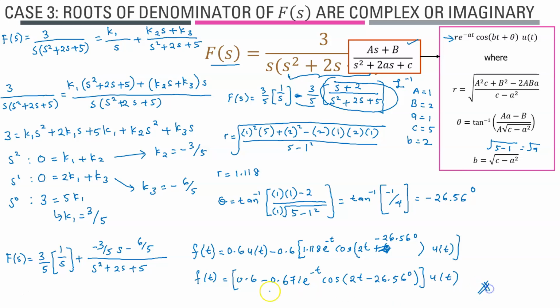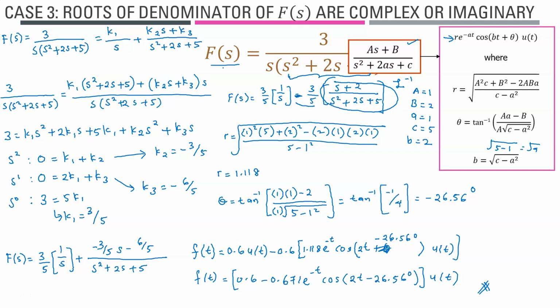So this is the inverse Laplace transform of this function F(s). And this is if we are using the method known as trigonometric identities of the sine and cosine function.